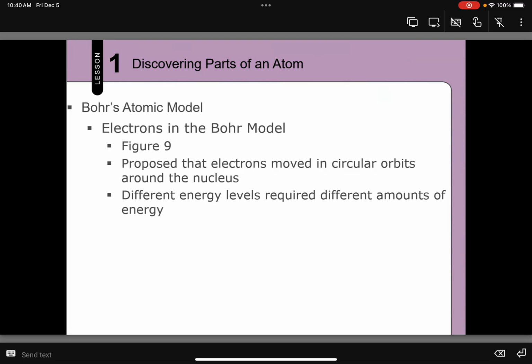Your notes make no sense. Just read it off. The Bohr atomic model proposed that electrons move in circular orbits, or energy levels. It's all in the book, first sentence.